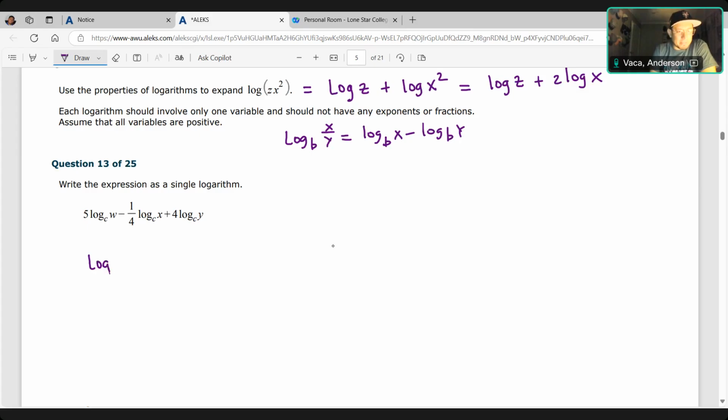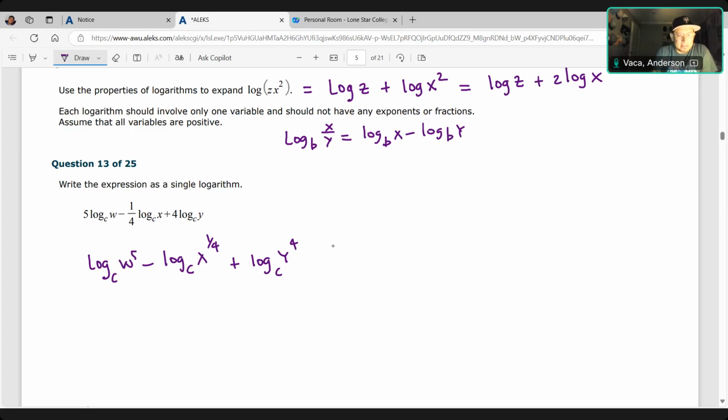So we have the logarithm base c of w to the 5th power minus the logarithm base c of x to the 1/4 power plus the logarithm base c of y to the 4th power. Now we see a difference.